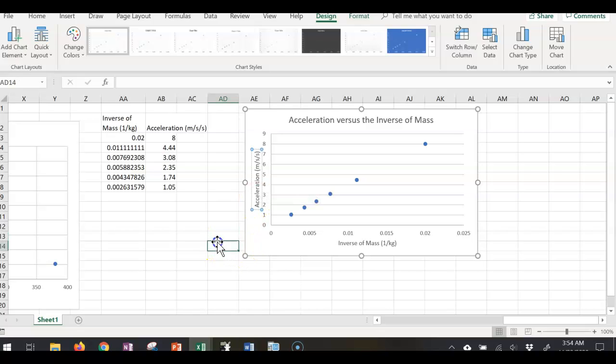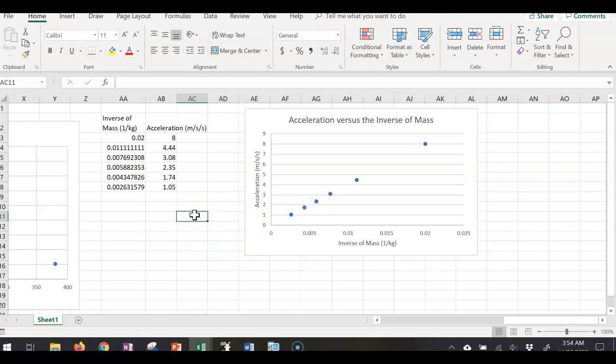Okay, and so now I need to find the slope of this graph. And I can use 2 points from this. Since every single point here seems to very clearly be on the line, I think it would be safe to just use any 2 of these points to calculate the slope.